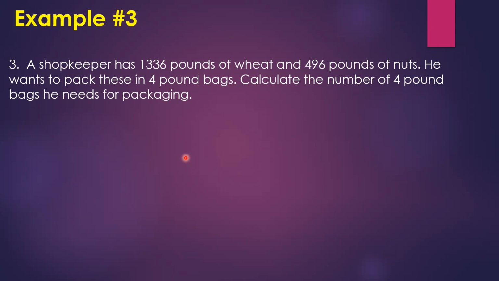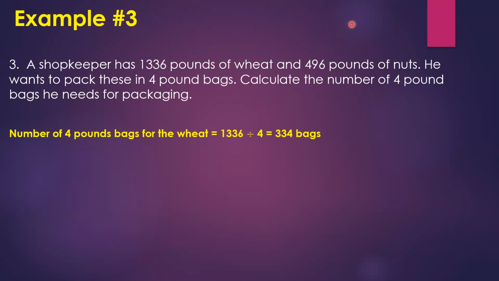You will divide 1,336 by 4. Okay. And divide 496 by 4. Okay. And what do you get when you do that? For the bags of wheat, you get 334 bags.